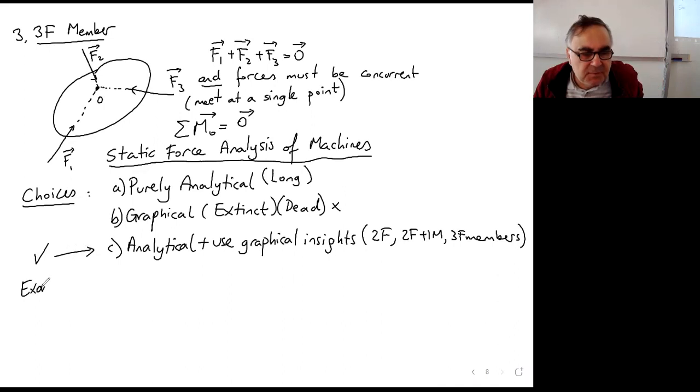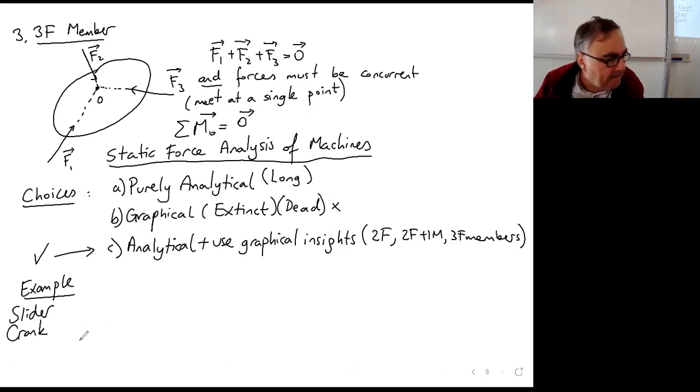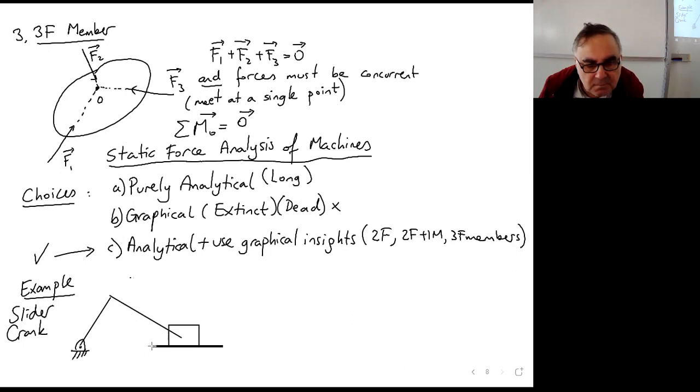So the example is the following. It's a slider crank. It's a simple mechanism. How is it like? It is like this.